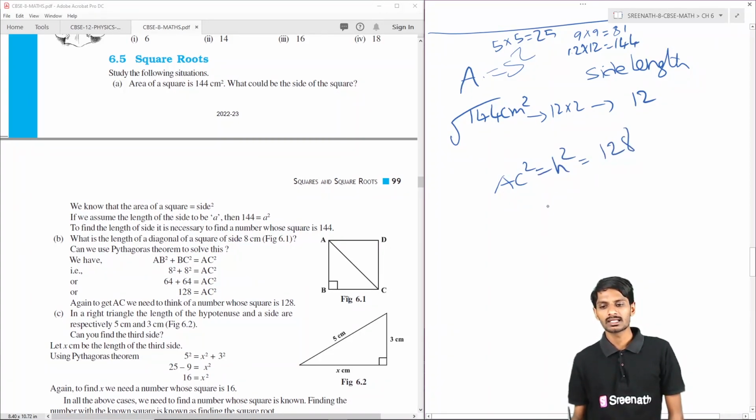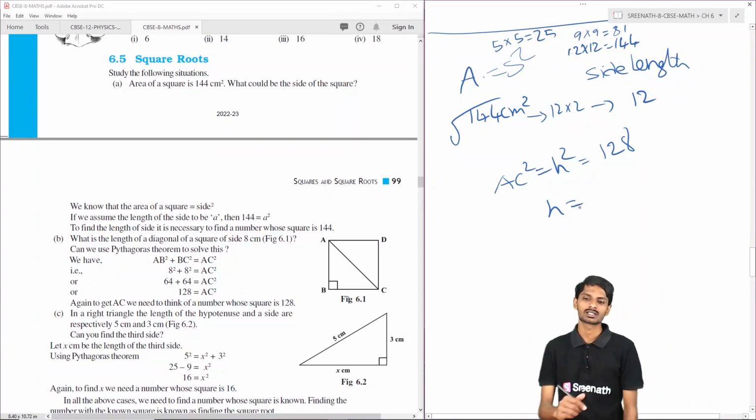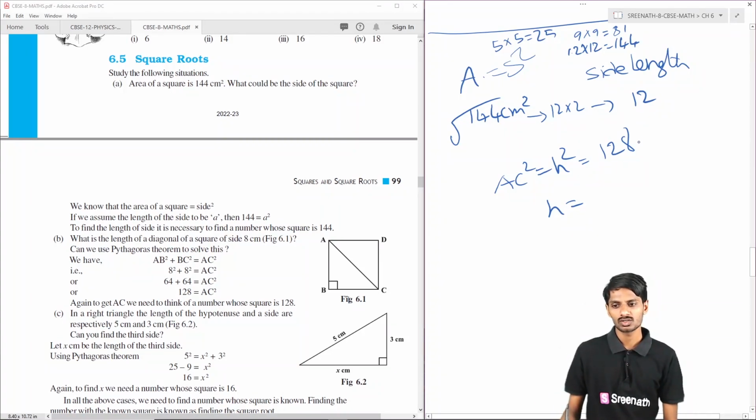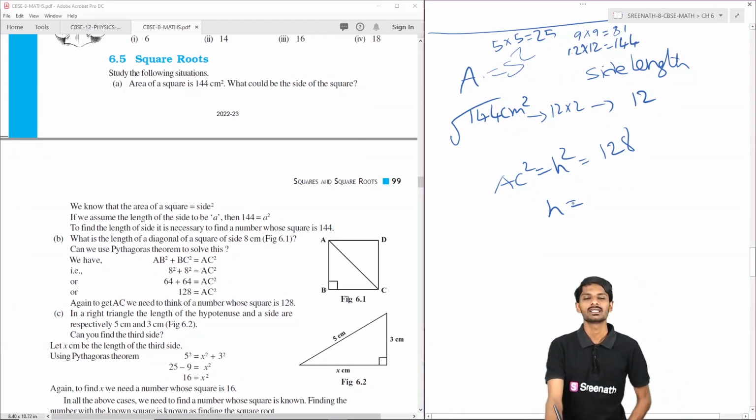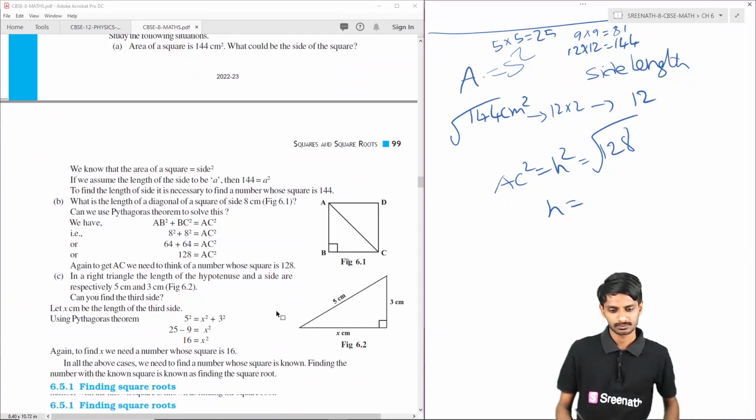But we want just the side length of the hypotenuse, not the square number. Then how can you convert it? You find h square equals 128, but what about the h value? This is called finding the square root. If you find the square root of 128, you can know the answer.